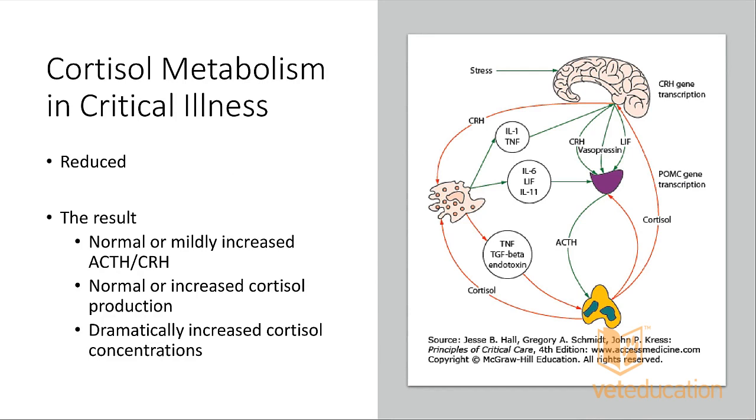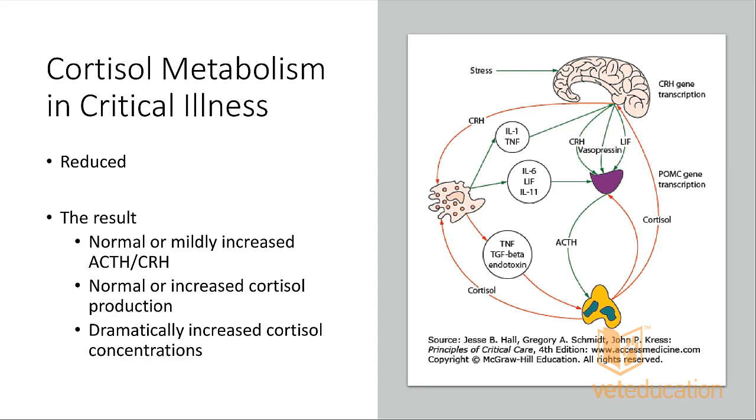Because cortisol metabolism in critical illness is actually reduced. Now you're thinking, Philip, if the cortisol metabolism is reduced, then surely serum cortisol concentrations are going to be high. Well, yes and no. The result is that if we have decreased cortisol metabolism and increased cortisol production, we should expect to see really, really high cortisol concentrations in the bloodstream.